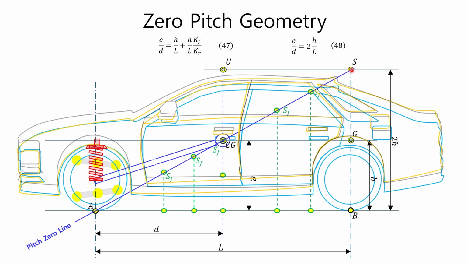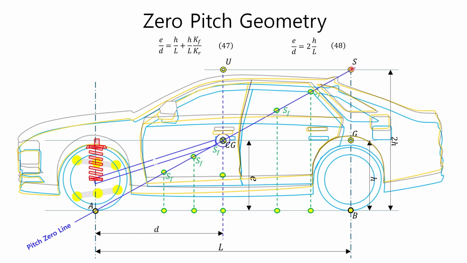To satisfy equation 48, the ratio of the height of twice the center of gravity to the wheelbase must be equal to the ratio of E to D. The line satisfying this condition can be represented by the blue straight line in the figure.